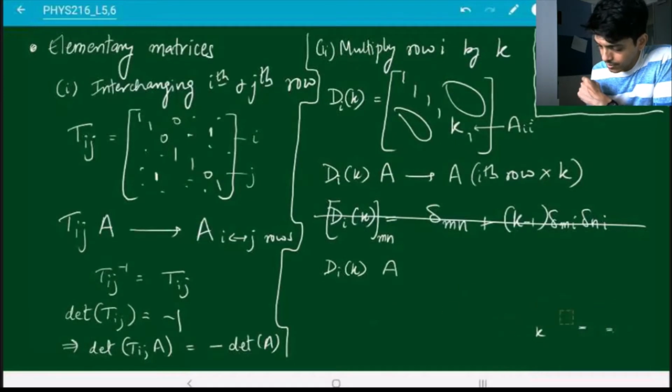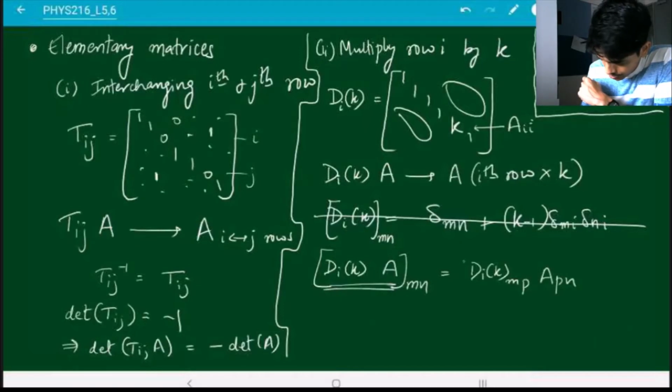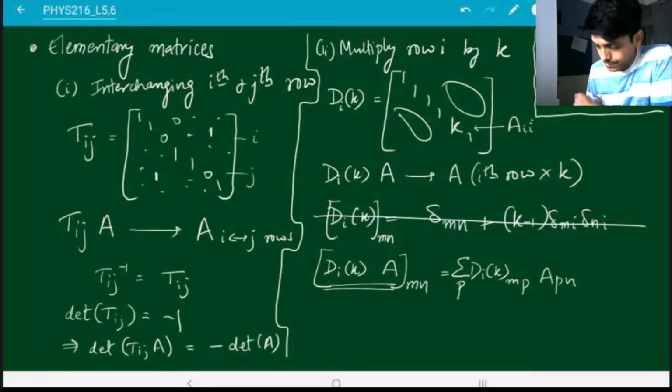In the same way, if I am interested in writing this matrix multiplication over here, the mnth component of this is just D_i(k) mp-th component times A pn-th component, summed over p.